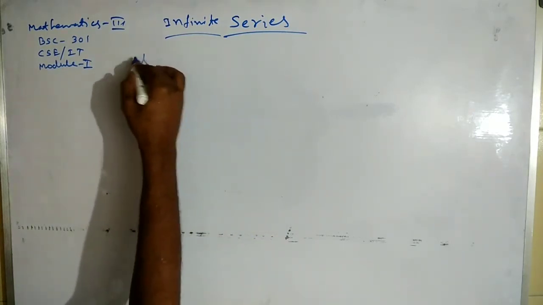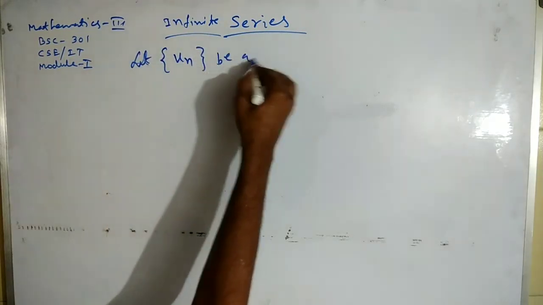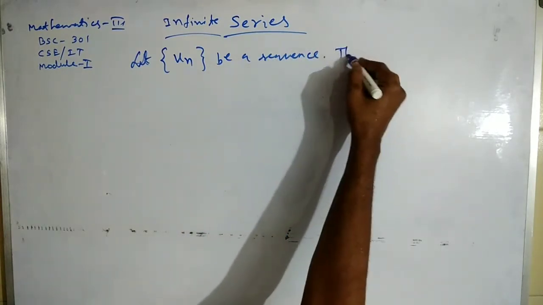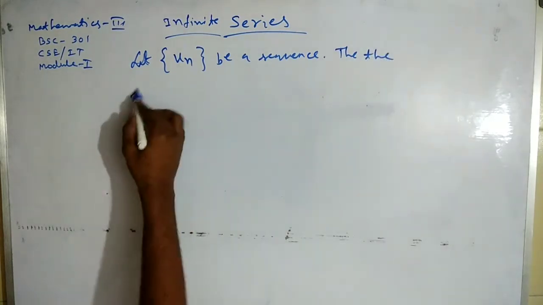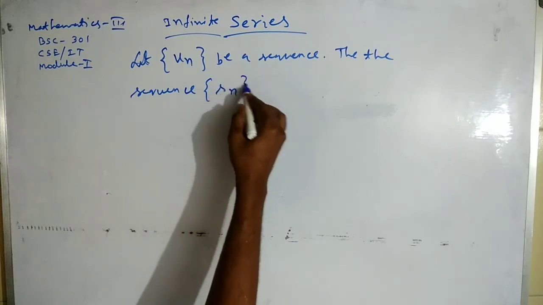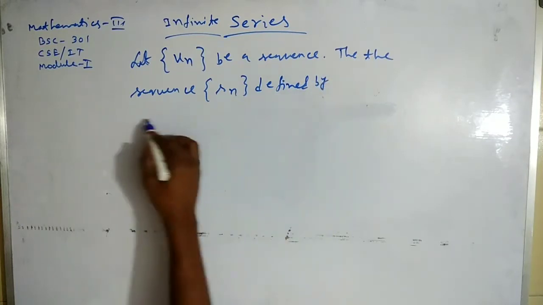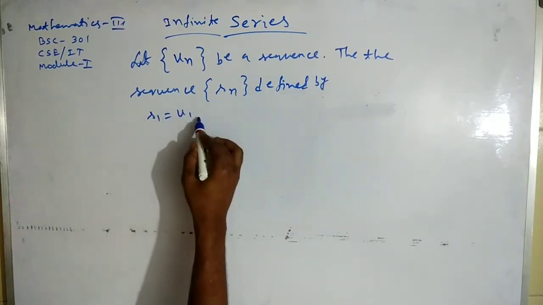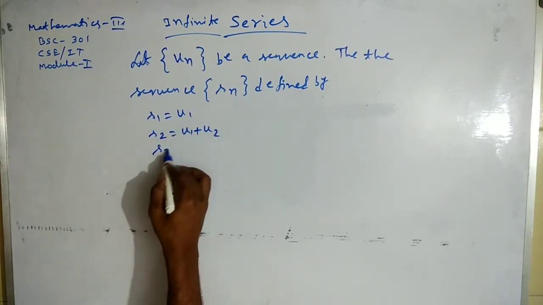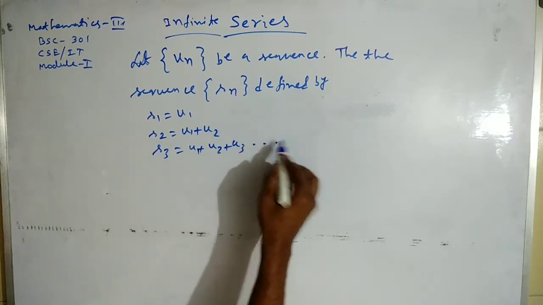So let Un be a sequence, okay? Then the sequence Sn defined by S1 equal to U1, S2 equal to U1 plus U2, S3 equal to U1 plus U2 plus U3, and so on.